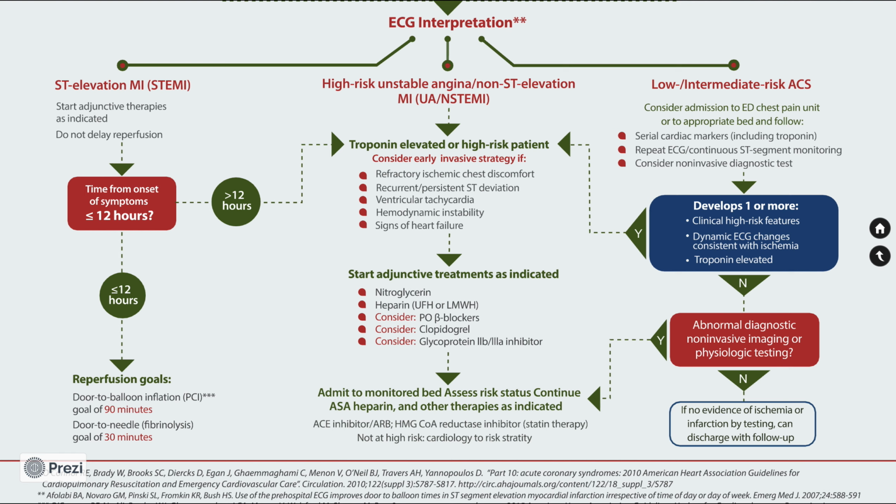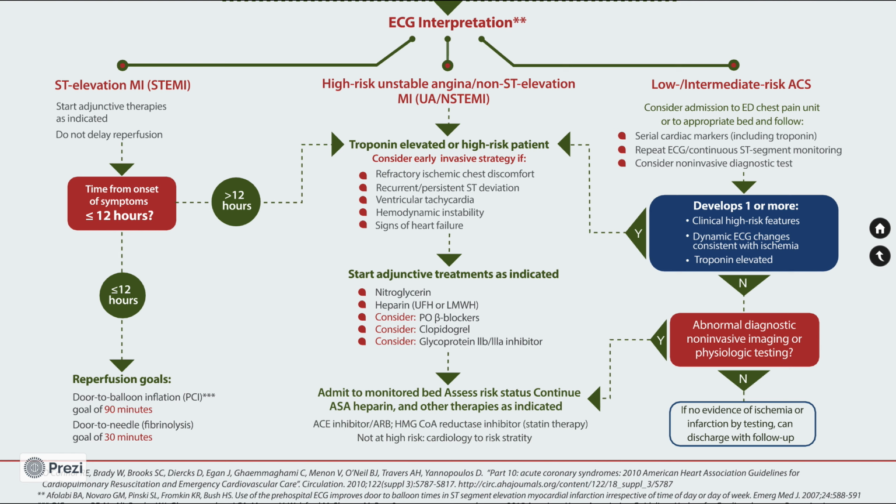Note that for high risk unstable angina or non STEMI, we have the following molecules included in its management. We have nitroglycerin, we have heparin, we have beta blockers, oral beta blockers, clopidogrel, and glycoprotein 2B3A inhibitor.